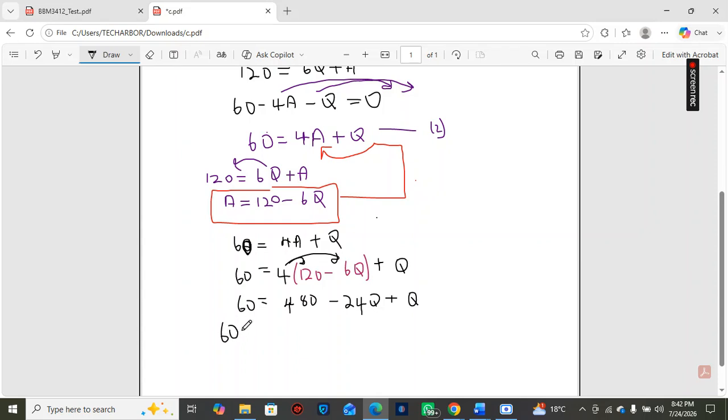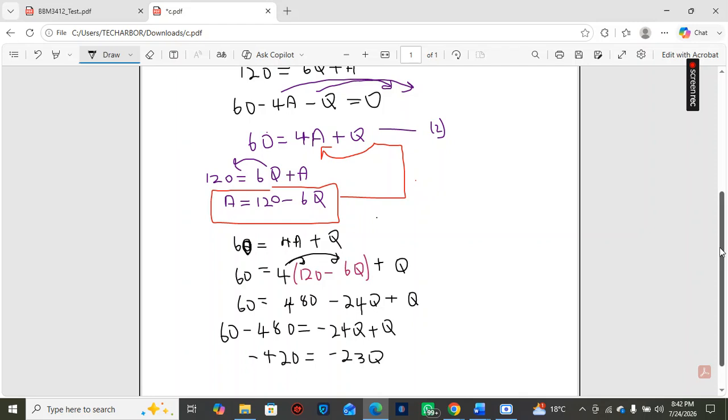So we have 60 minus 480 equals negative 24Q plus Q. So 60 minus 480 is negative 420, because negative 24 plus Q is negative 23Q.